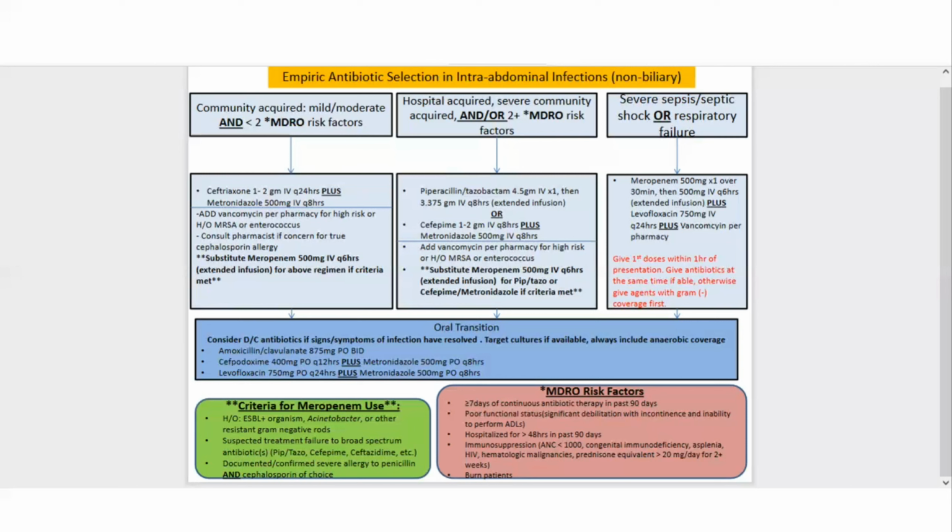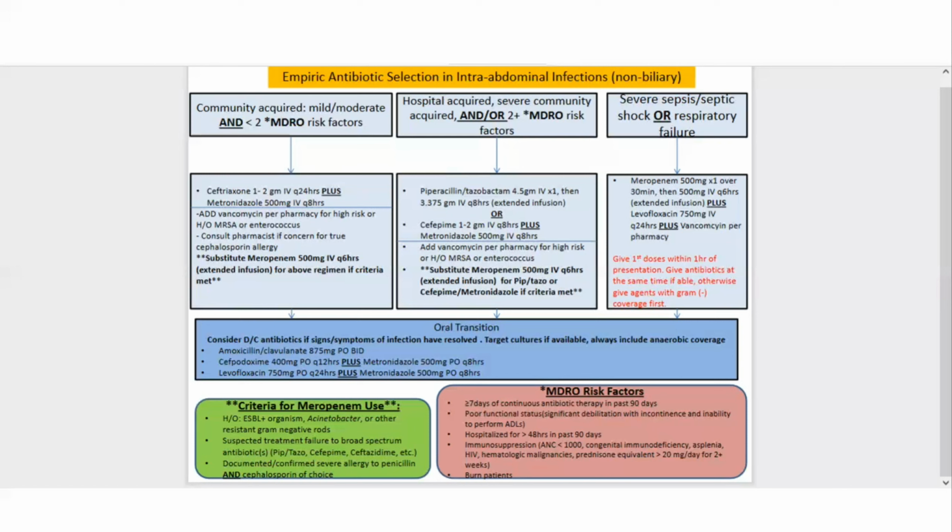Severe sepsis or septic shock or respiratory failure: meropenem 500 milligram over 30 minutes and 500 milligram IV 6 hourly for extended infusion plus levofloxacin 750 milligram IV plus vancomycin as per pharmacy.